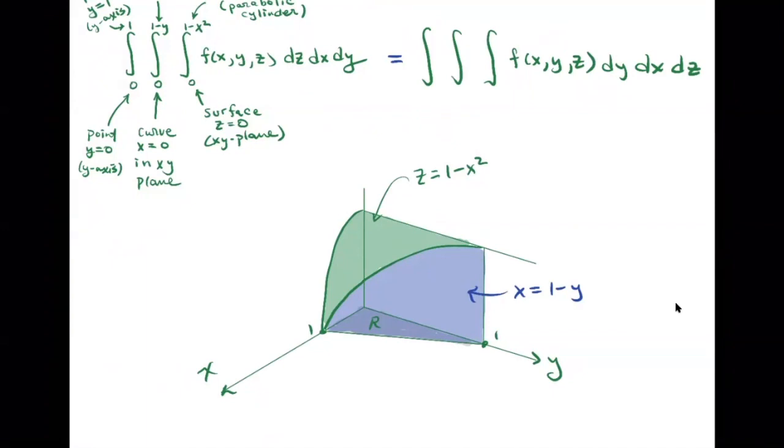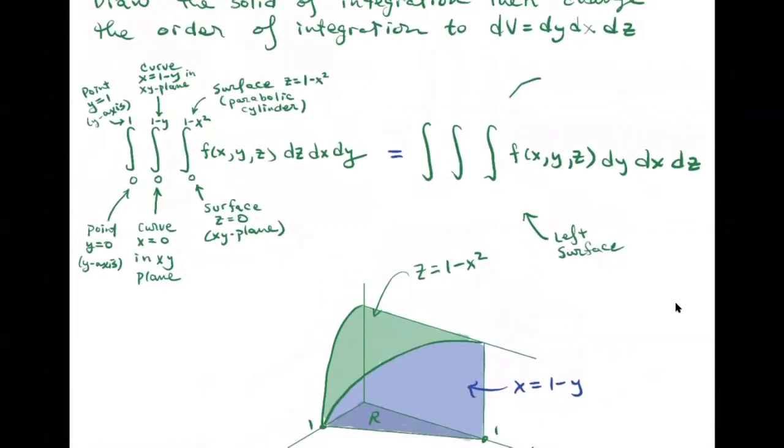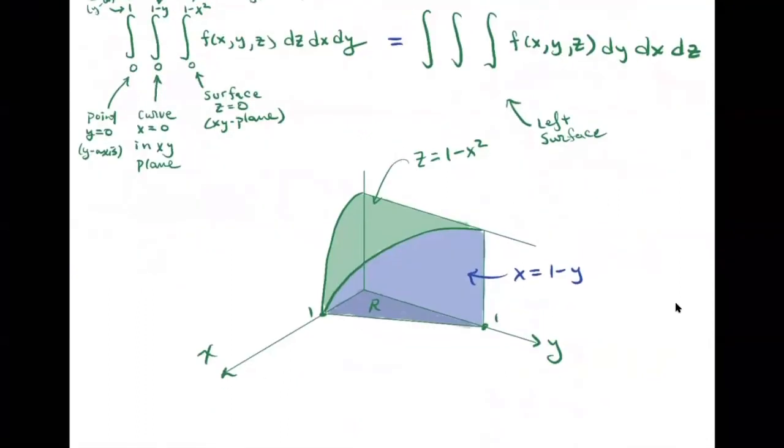So y goes left and right. So the limits on y need to be a left surface and a right surface. Okay. So we're going to figure that out. On the left, I don't know. I'm going to shade it in red, and you guys help me figure out what this is.